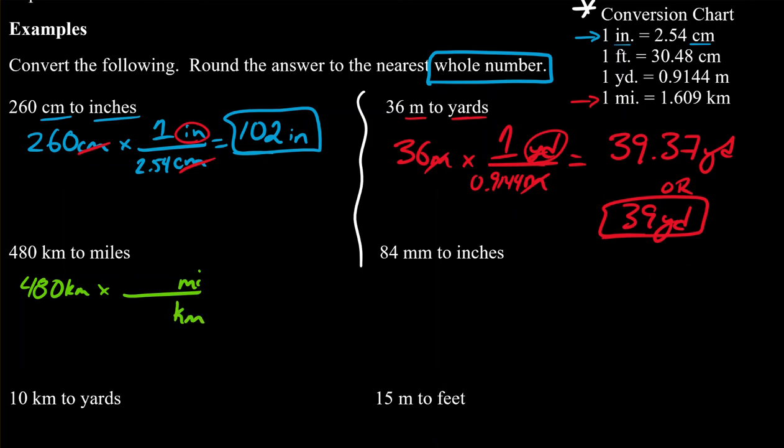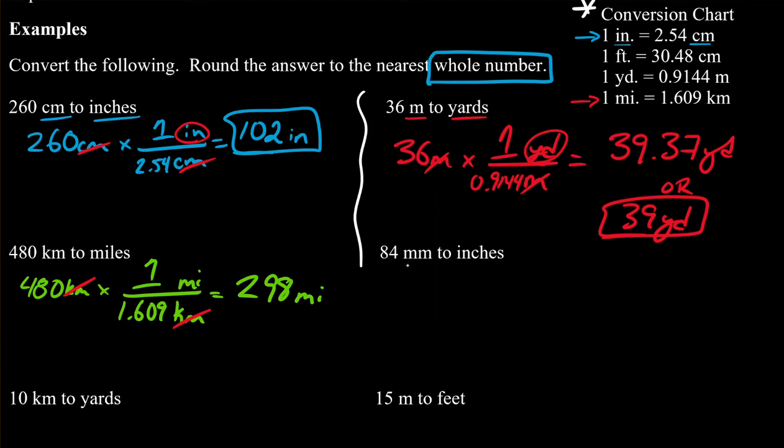We want to get rid of kilometers. So in 1 mile, there's 1.609 kilometers. 480 divided by 1.609 is going to be 298 miles, because kilometers and kilometers will cancel out. Hopefully we're kind of getting a rhythm here.